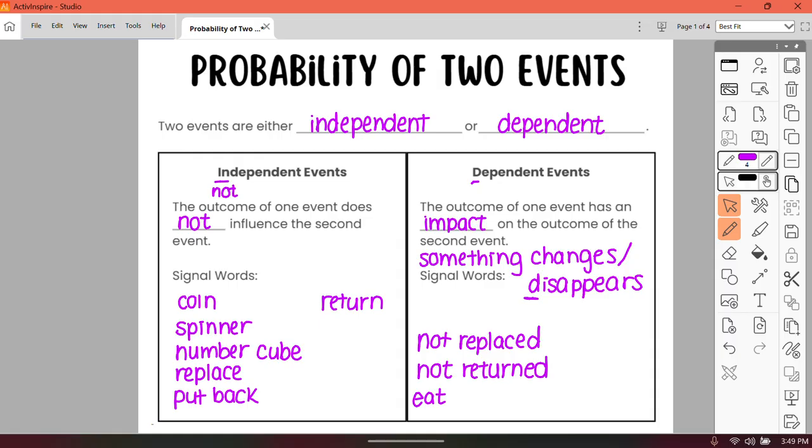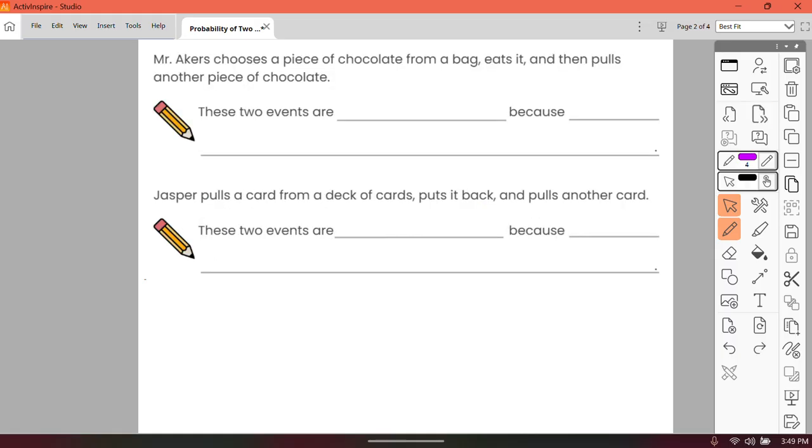All right? So let's see if we can just figure out this vocabulary for a minute. We're not solving anything yet. We're just trying to decide if something is independent or dependent. This first one says Mr. Akers chose a piece of chocolate from a bag, eats it, and then pulls another piece of chocolate. And I remember that we wrote that in our signal words. So these two events are dependent because the bag of chocolates was affected, right?